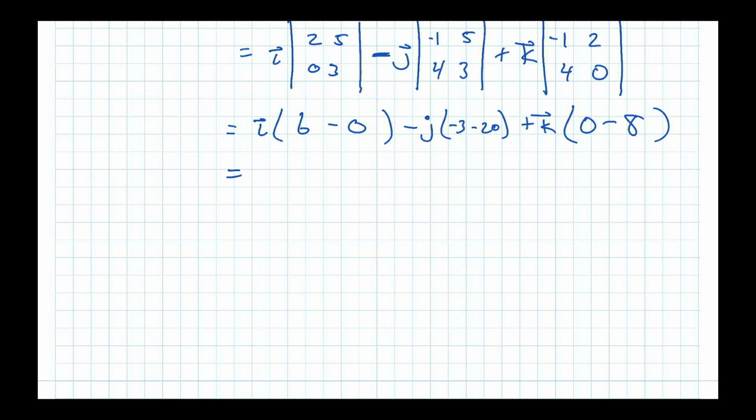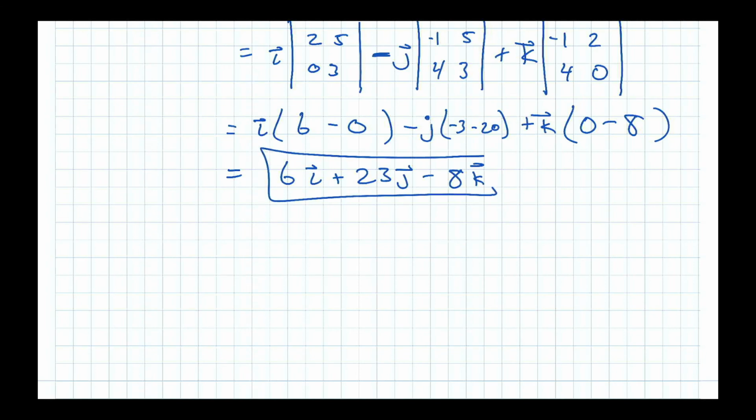You've got 6I. Here you've got -23, but that's -23 times -J. So that's actually positive 23J. And then you got -8K. All right. And you can write your answer this way.